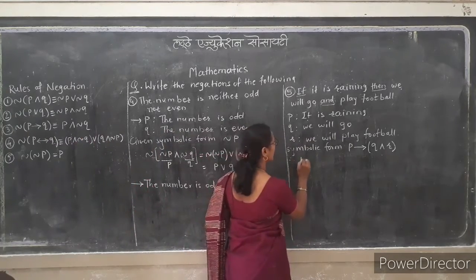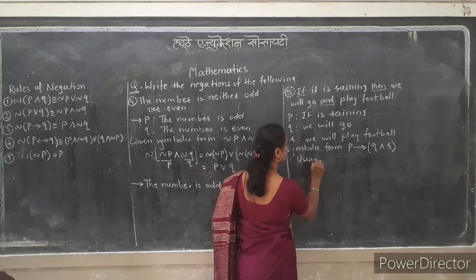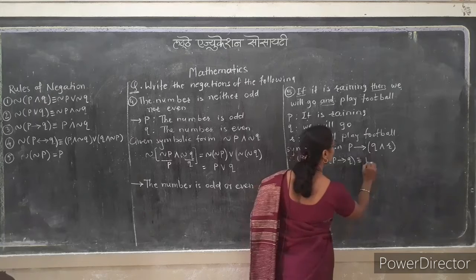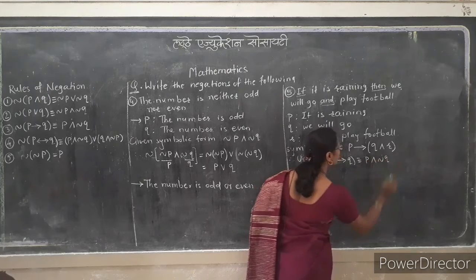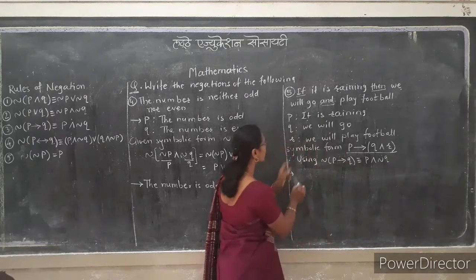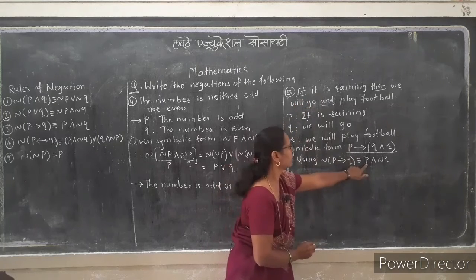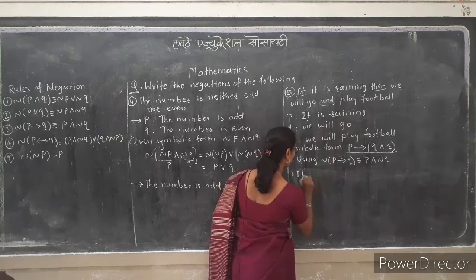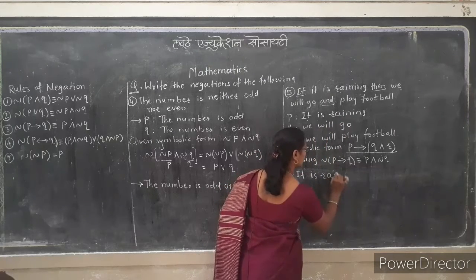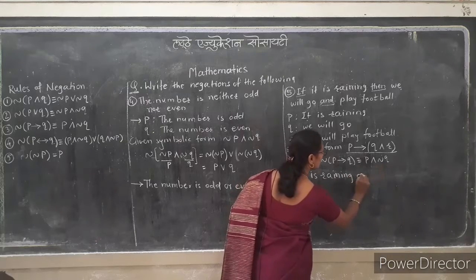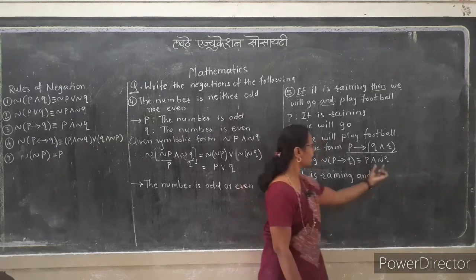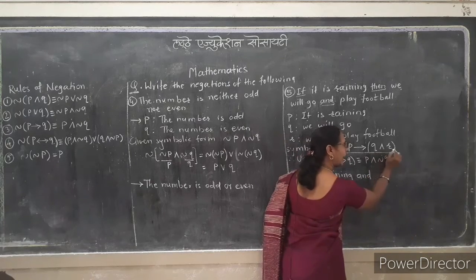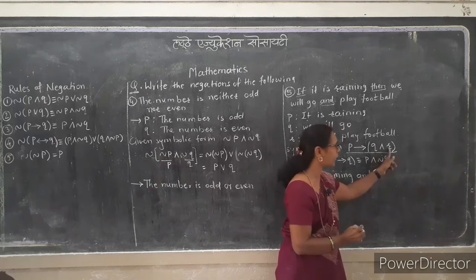Therefore, using negation of P implies Q is logically equivalent to P and negation Q, the negation of the given statement is: first we write statement P, that is, it is raining. Conjunction, therefore we write here 'and'. Negation Q, but for negation Q our Q is Q and R, and we write its negation.